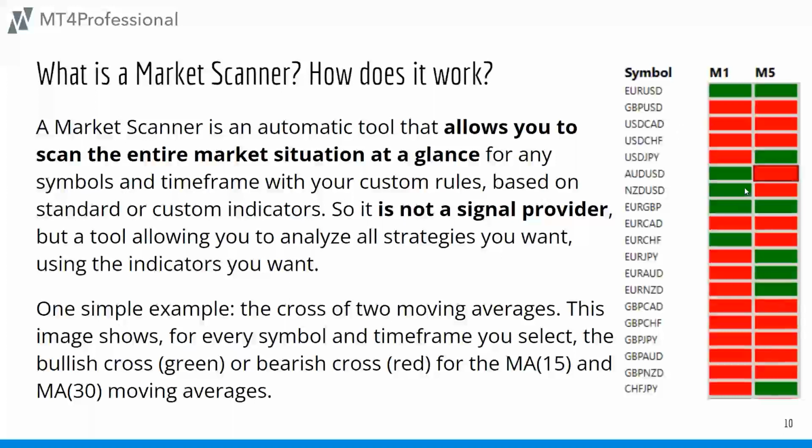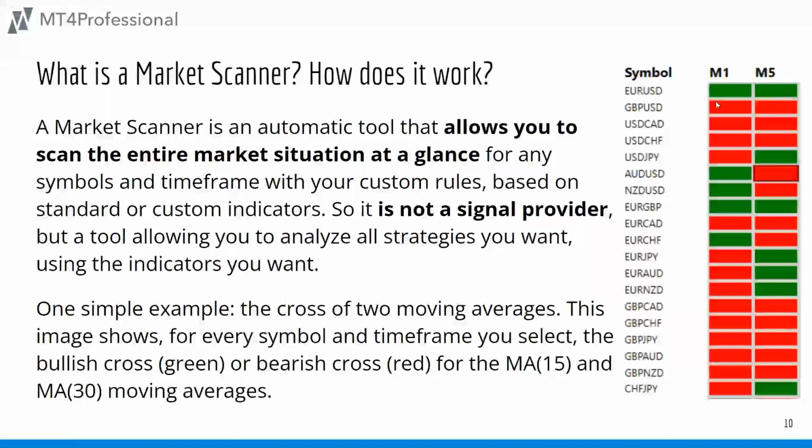One example we can look at is the cross of 2 moving averages. For every symbol and time frame, whenever the fast moving average, which is an MA15, crosses above the slow moving average, which is the MA30, I want to see a green signal, indicating a bullish move.